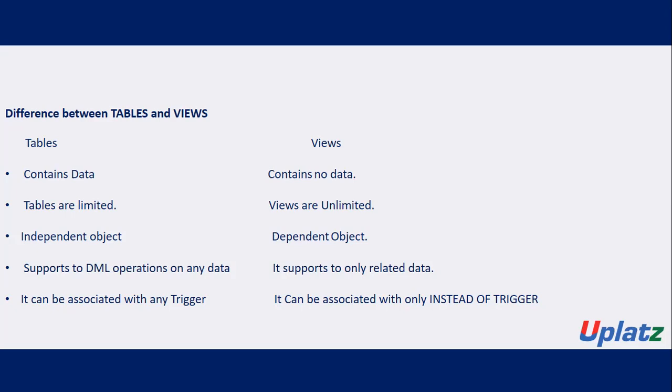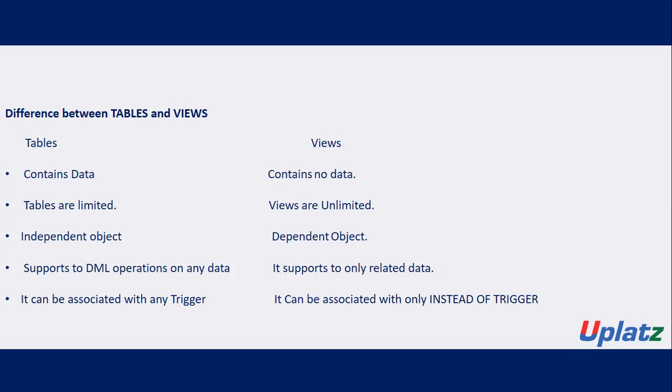Tables can be created by writing a procedure, but still the table is independent. Once the table is created, it is completely independent. It can be used and it can be deleted, and it is independent.